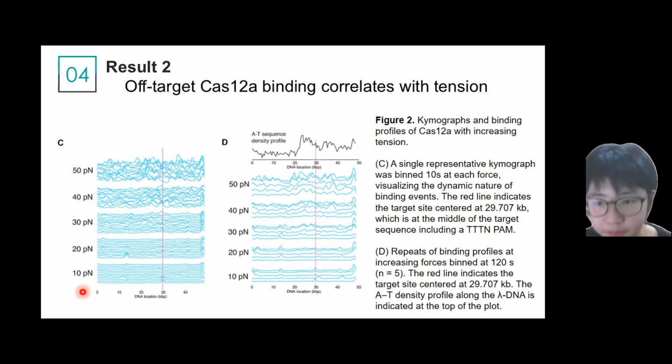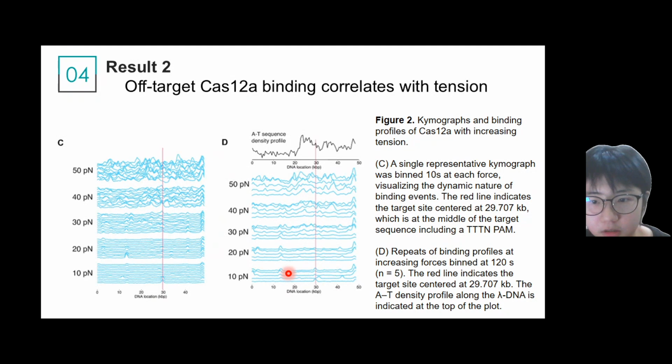Compared with the 10 piconewton lambda DNA, the binding is stable over 10 seconds. At 30 to 50 piconewton, as the tension gets bigger, the off-target binding increases. This figure D shows this phenomenon.